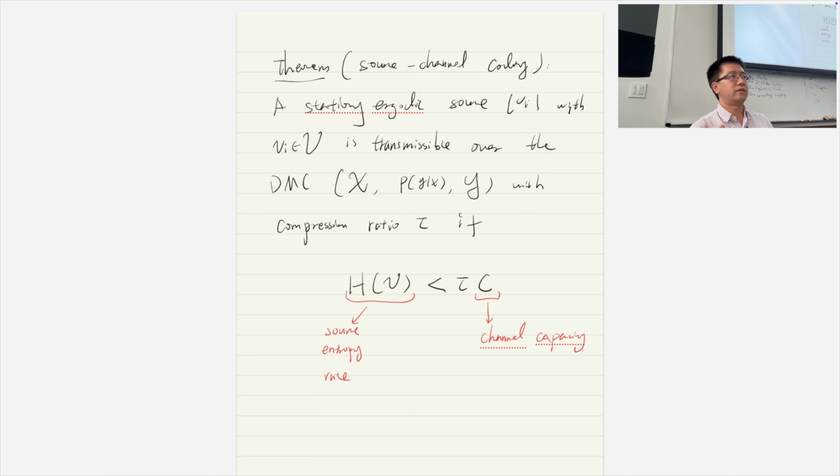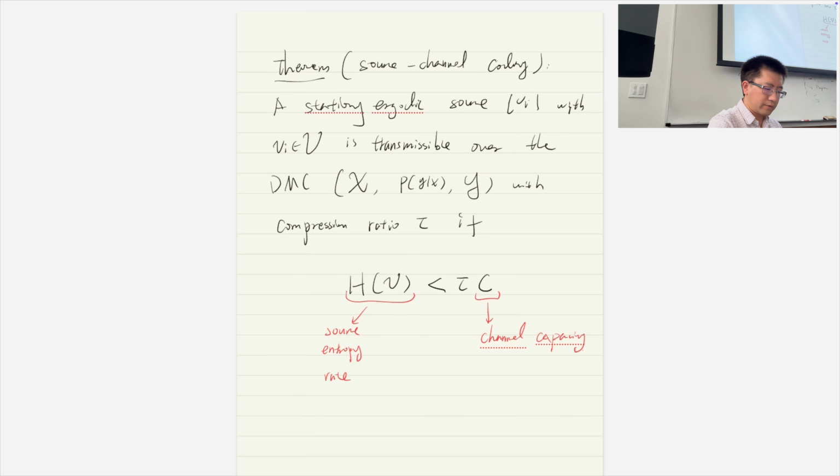At first glance, it is a very non-trivial result, because this is the entropy rate, and this is the channel capacity, but it is the channel capacity only if the source is uniformly distributed, right? So it's a pretty non-trivial result.